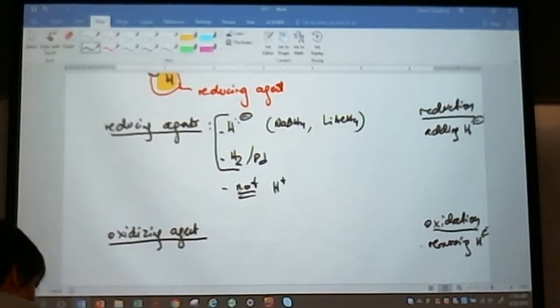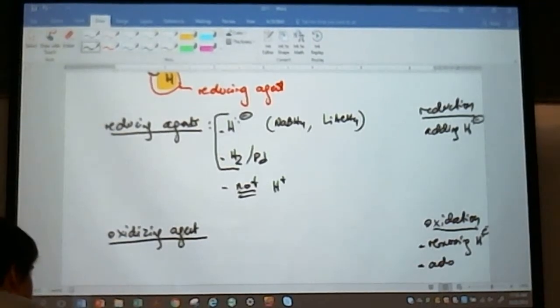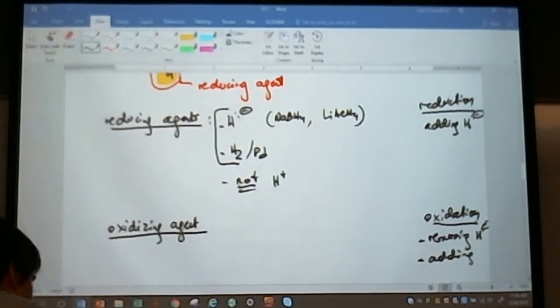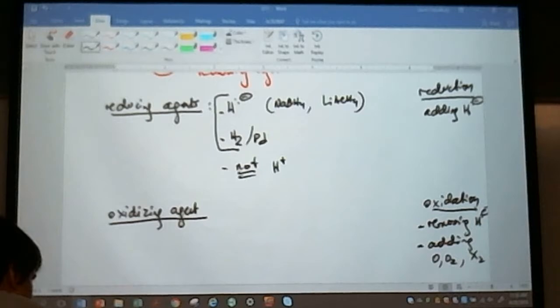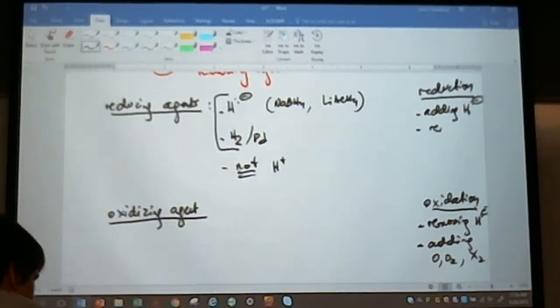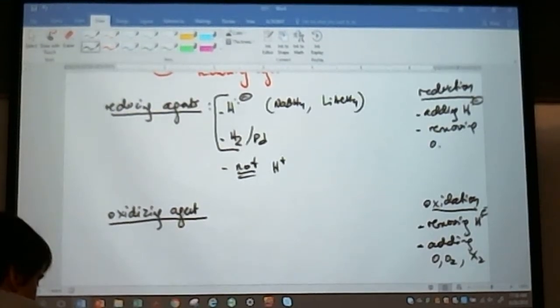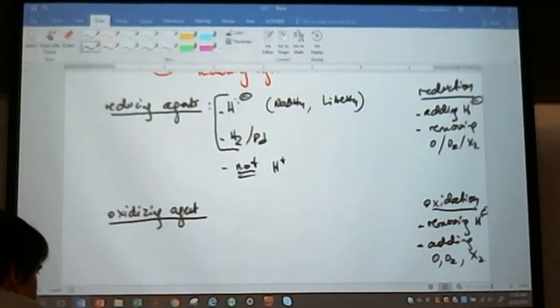But it also means adding oxygen, 1 or 2 oxygens, or a halogen. Halogens kind of behave like oxygens from an electron standpoint, which of course means that a reduction is removing oxygen or halogens. Okay?